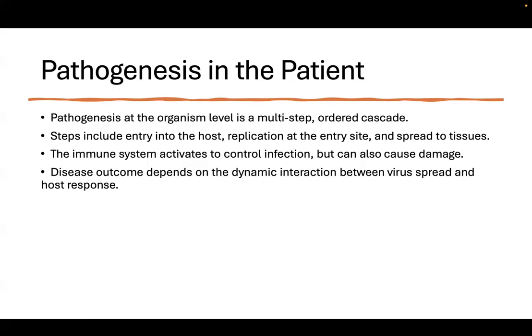But our immune system also has a huge and undeniable effect there. Our immune system really can activate or control infection. And the disease outcome then depends on how the virus interacts with the host cells, but also with the immune system.